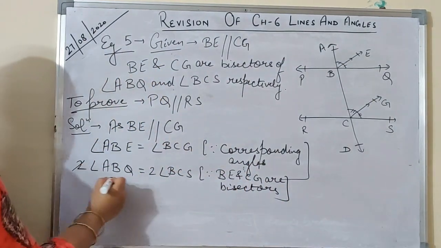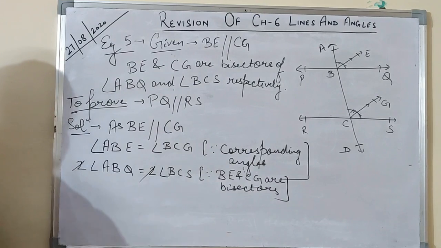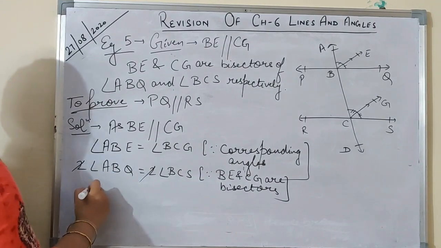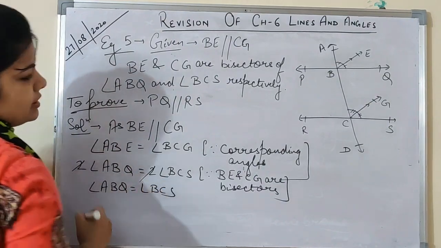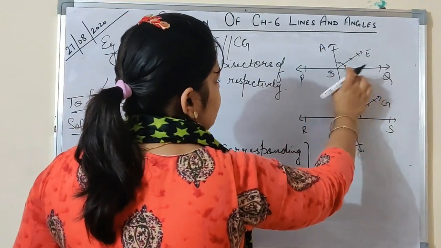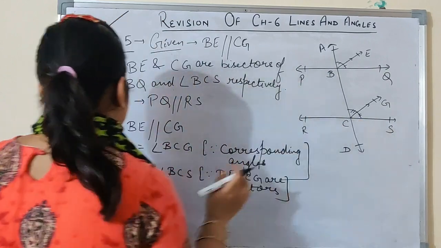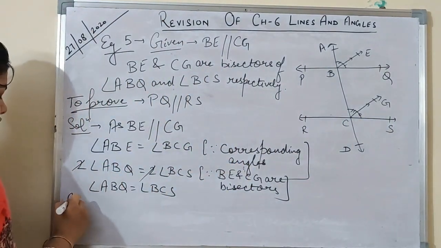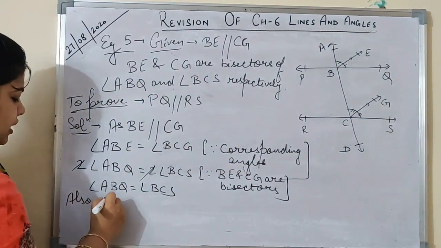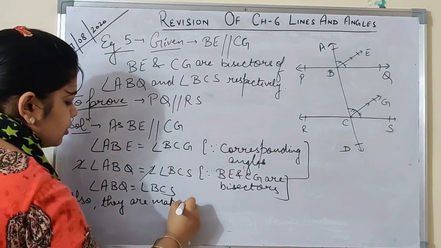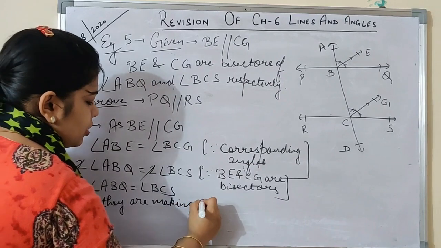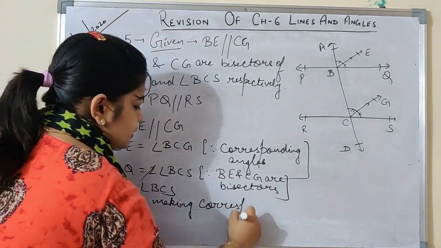After that, in the next step, we will just cancel our 2 with 2. Then we will get angle ABQ is equal to angle BCS. Now you can see here that angle ABQ is equal to angle BCS. So we can write that also they are making corresponding angles.